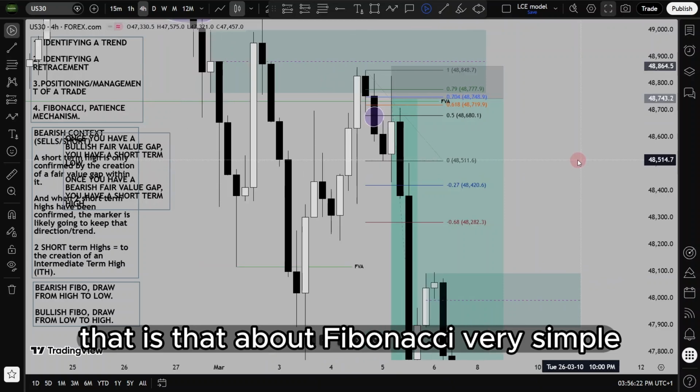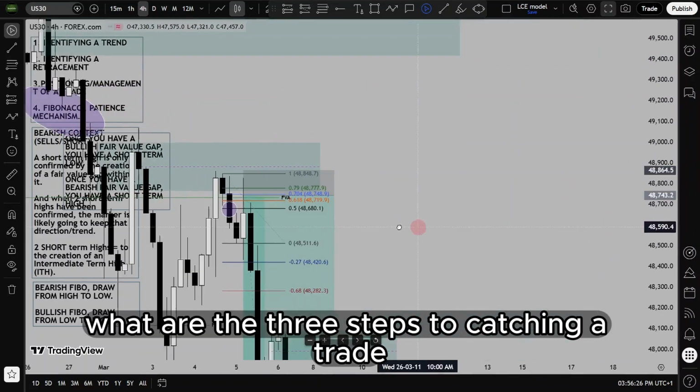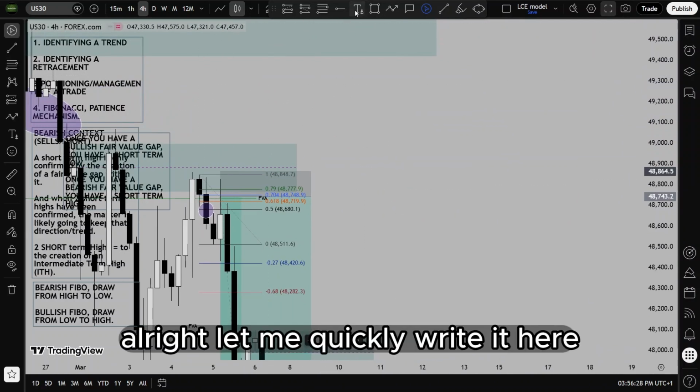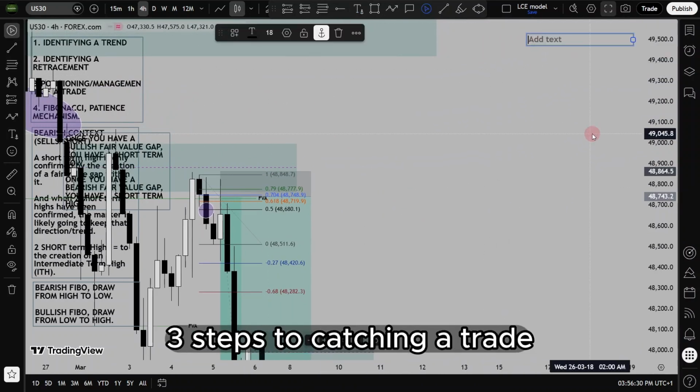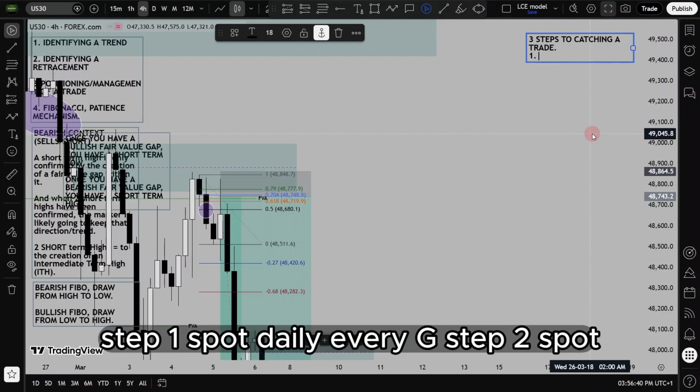Very simple. What are the 3 steps to catching a trade? Let me quickly write it here. Step 1, spot daily FVG.